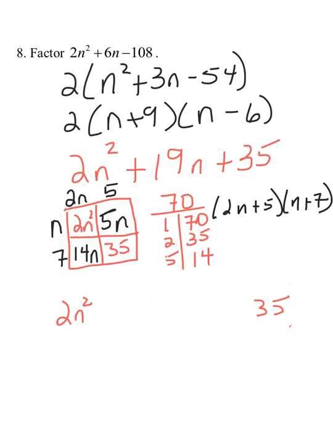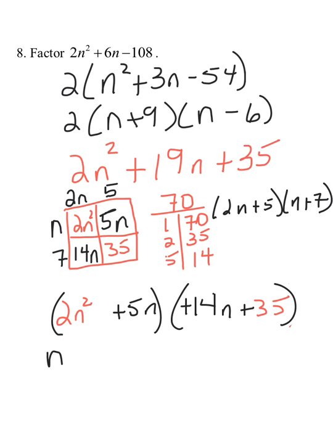You can also do this same thing by grouping. All right, so out of this group here, I can factor out an n, and I'm left with 2n plus 5. And out of this group here, I can factor out a 7, and I'm left with 2n plus 5.